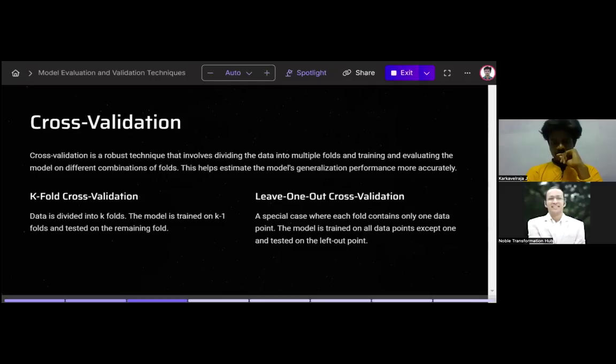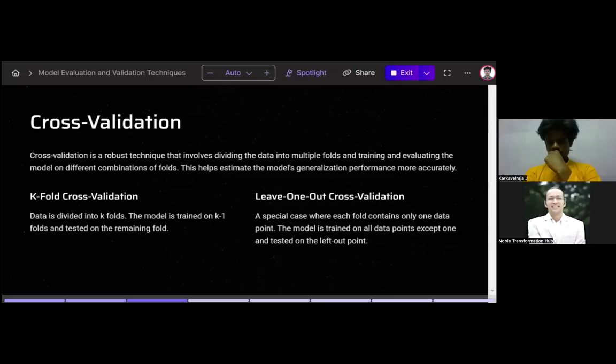So leave one out cross validation is different, like it is the opposite. It will not test the k fold where we already did the testing, but it will do so on the remaining 60%. With 40% we did the k minus 1 testing, right? So here the special case is that each fold contains only one data point.